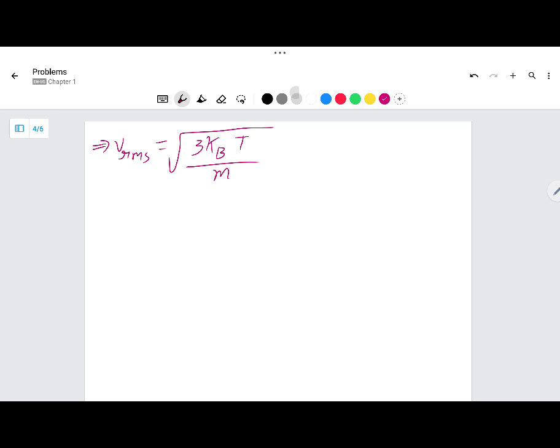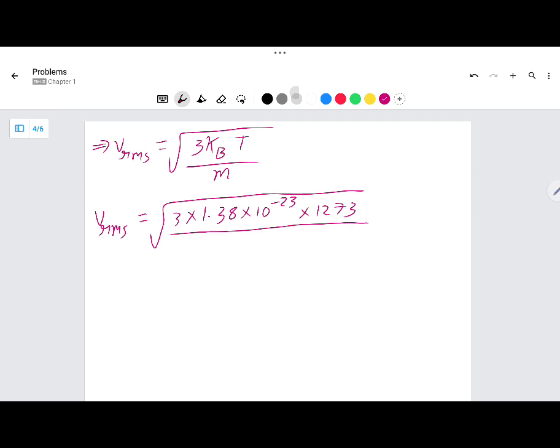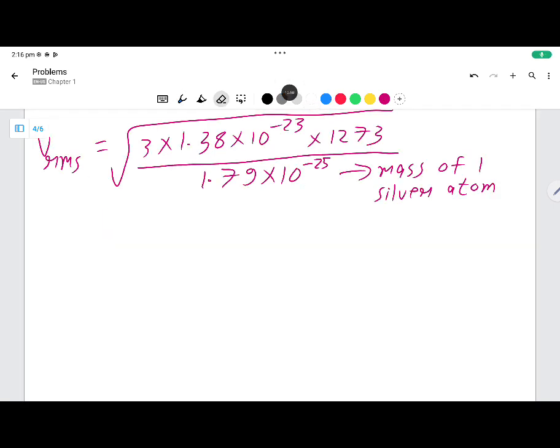Okay, so if we plug in all these values, so this is the mass of one silver atom, right?